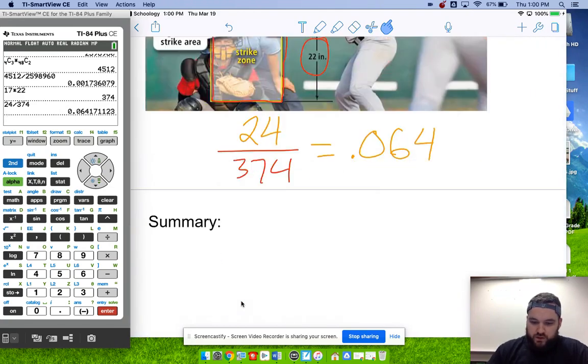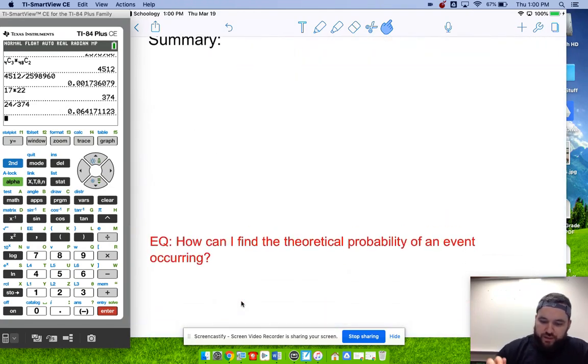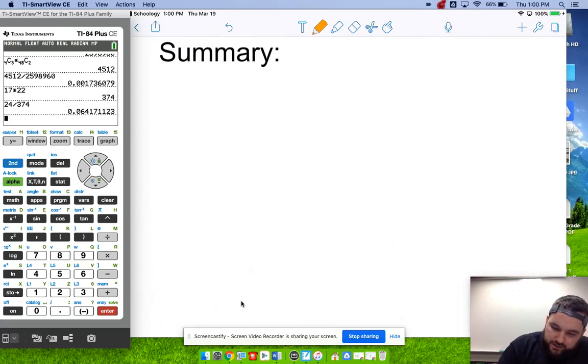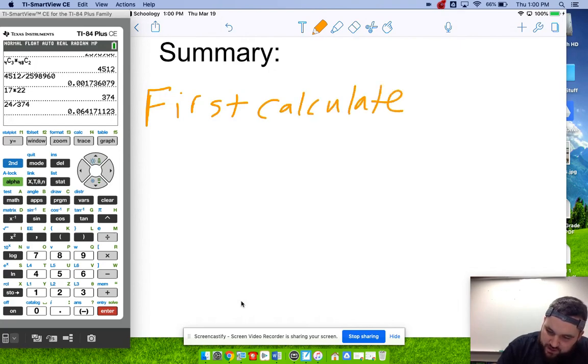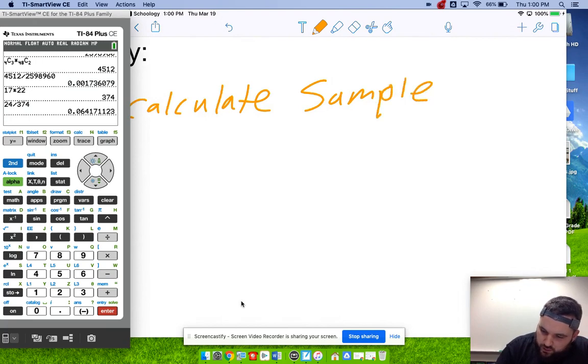Okay. So to summarize, how can I find the theoretical probability of an event? Again, this is a personal recommendation, but we are going to first calculate the sample space. And again, the sample space is the number of possible outcomes.